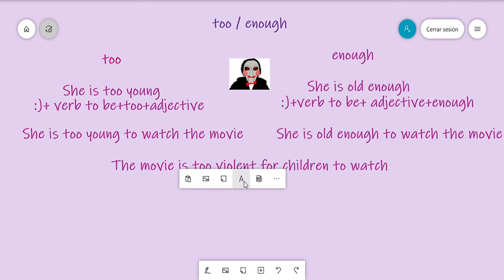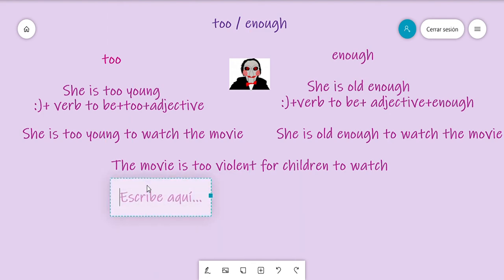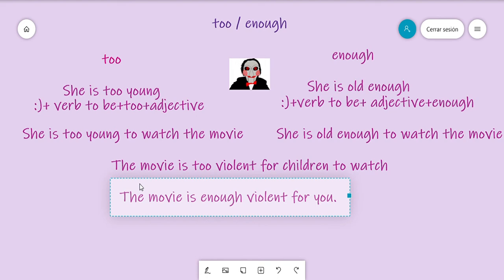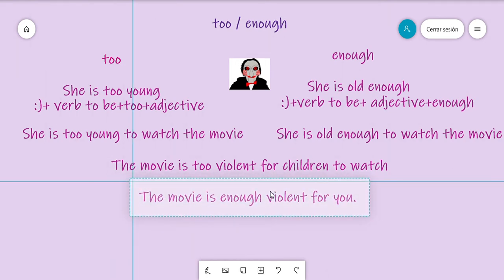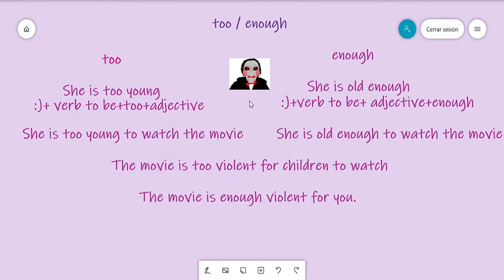And I can use the same with enough. For example, we continue with the same. We can say the movie is violent enough for you, because probably you are the kind of person that likes this kind of movies, and for you it isn't past the limit.